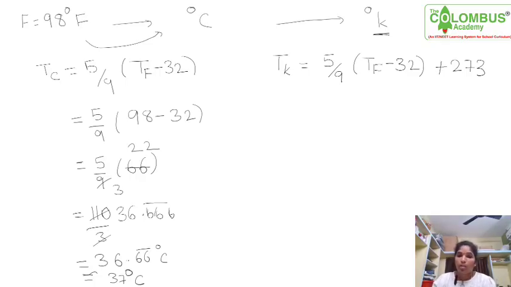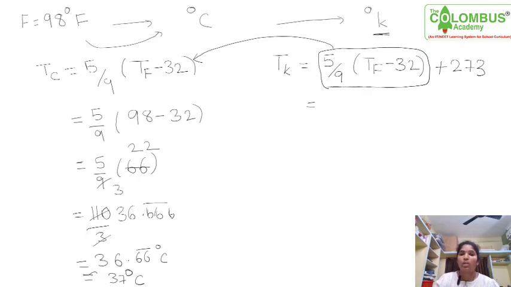Now can you see this 5 by 9 into (temperature in Fahrenheit minus 32)? This value is similar to the Celsius value, 37 degrees Celsius plus 273. 37 plus 273, how much? 273 plus 37 is 310.